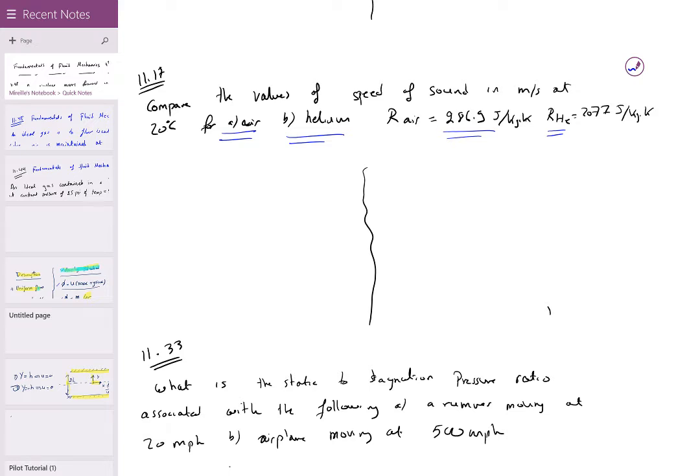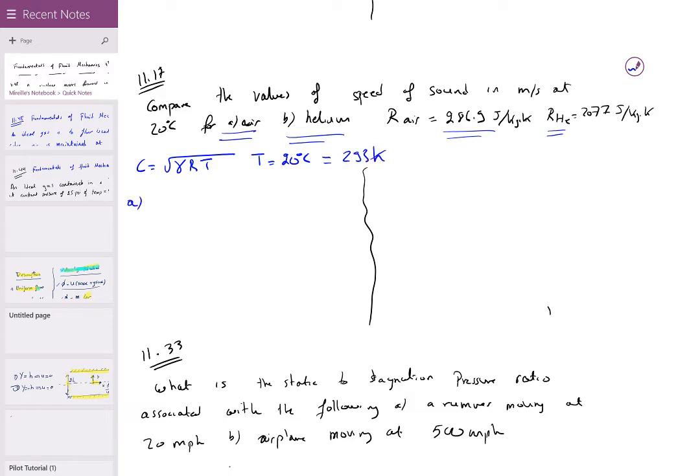Okay, so I must find the speed of sound. The speed of sound is always given by the square root of gamma RT. Now T is 20 degrees centigrade, which is 293 Kelvin.